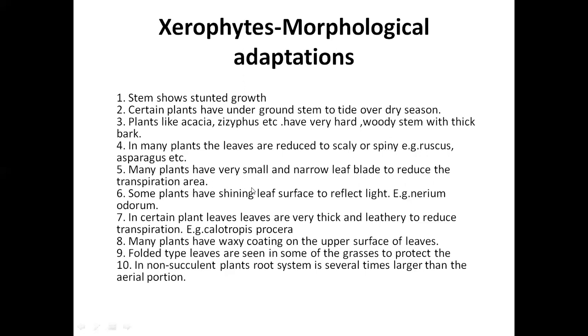To minimize transpiration, their leaf surface is reduced. And some plants have a shining leaf surface to reflect light. For example, Nerium odorum. The Nerium odorum leaves have a shining surface as it is coated with a thick waxy layer. It reflects the light to prevent transpiration.